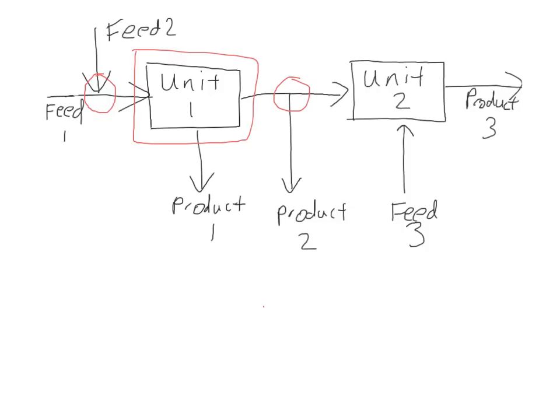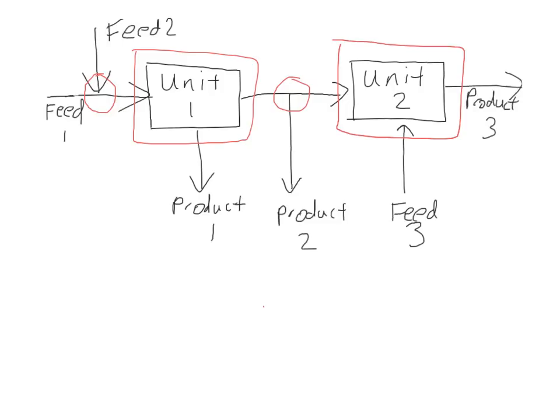In this case, I would have the mixed feed, this outlet feed here, and then the product 1 stream, and I could write that this going in is equal to this plus this. I could also draw a boundary around unit 2. Around unit 2, again, the inlet stream plus this inlet stream is equal to the outlet stream, and again we can write out material balances.